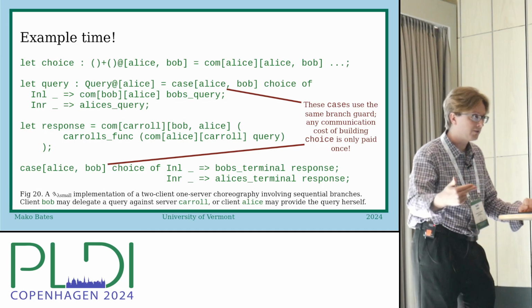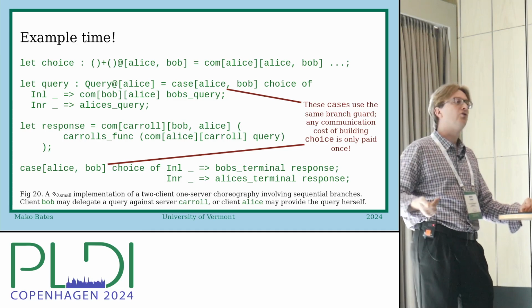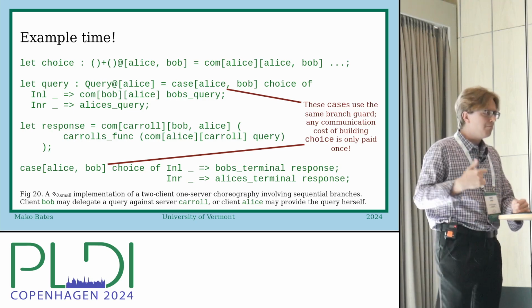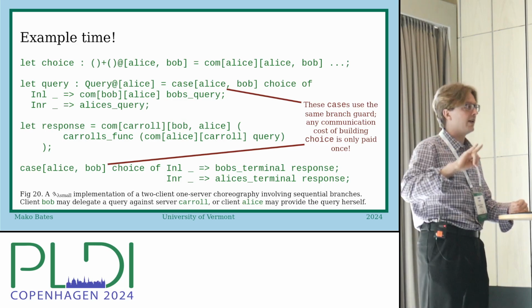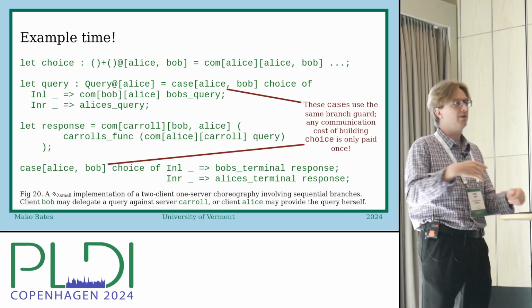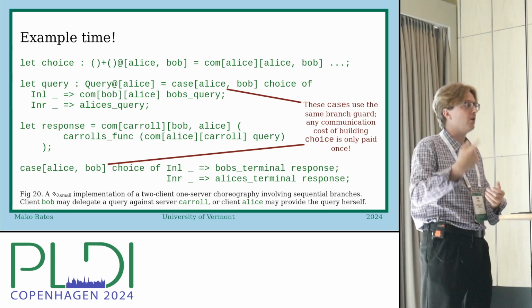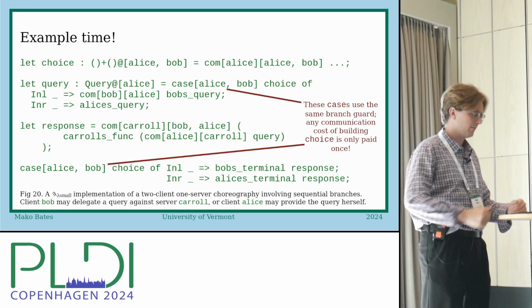And then after they get the response back, they have to branch again so that the right party can call the respective handler on that response. But those two branches are on the same variable choice. So whatever communication overhead was involved in creating choice only gets paid once. Sequential branches are free.